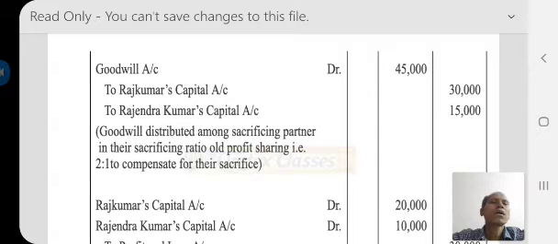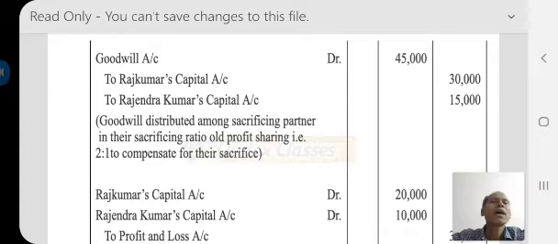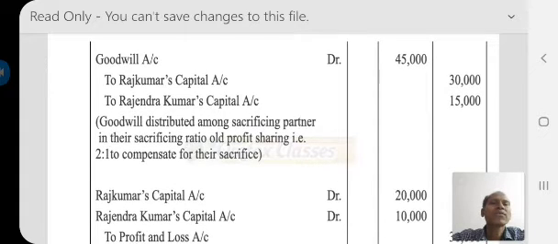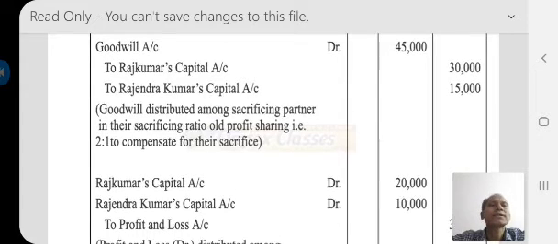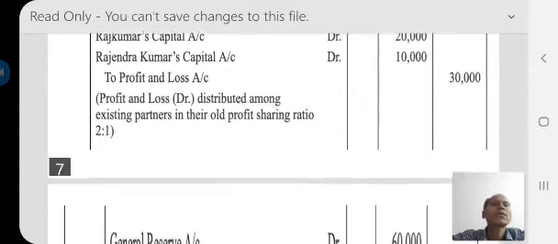So this is distributed as per the old share. The goodwill is distributed among the sacrificing partners in their sacrificing ratio. Very simple. The old ratio should be taken into account, 2:1. It's enough.